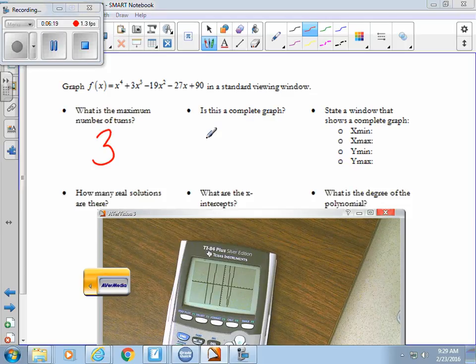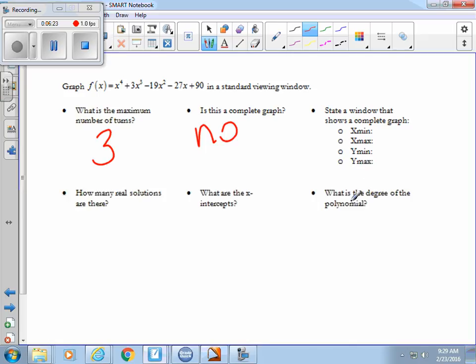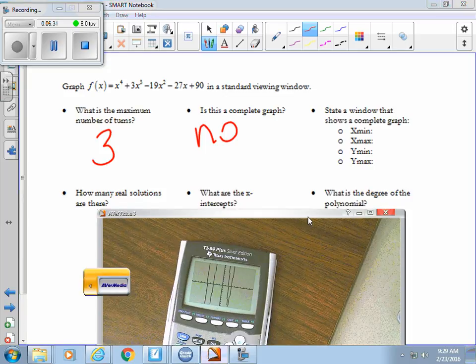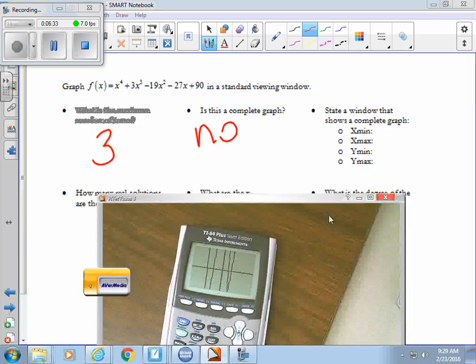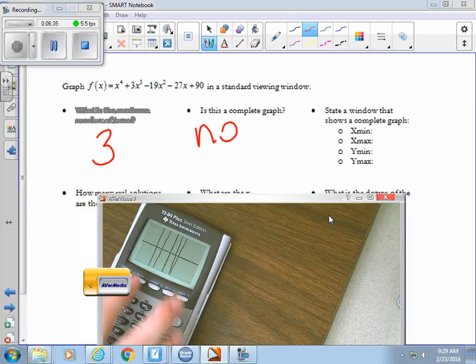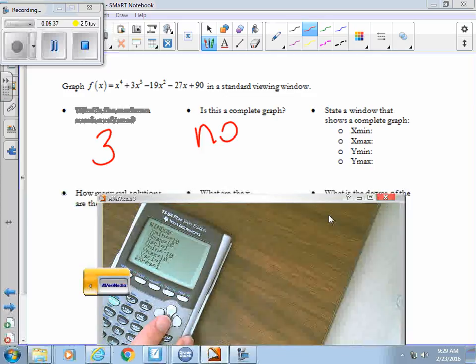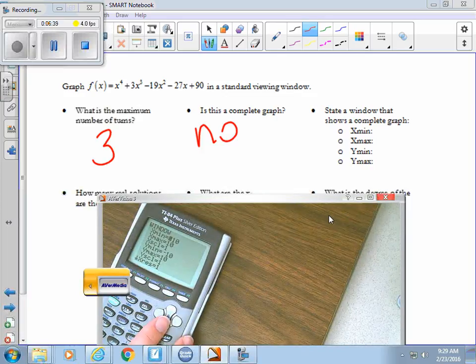So in a standard viewing window, this is not a complete graph. So let's make it complete. What do you think I need to do to make it where I can see the whole thing? Okay, which piece do I need to change? The X or the Y-axis. So she's saying negative 120 to 120.